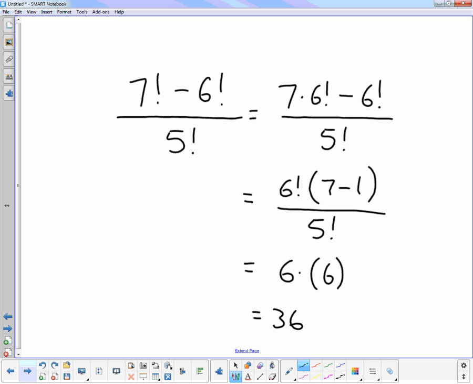First of all, I look at what 7 factorial really is. It's 7 times 6 times 5 times 4 times 3 times 2 times 1. Well, 6 times 5 times 4 times 3 times 2 times 1, that's 6 factorial. So the 5 factorial and the 6 factorial simplify. So this becomes 6.